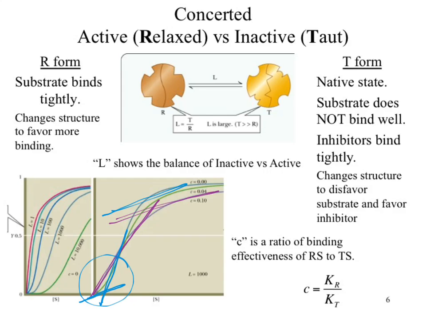Because if Kt goes to Kr, Kt gets really big. What ends up happening, where are we? We get closer to our 0 value, and we get that sigmoidal shape. Okay? Meaning that as we bind substrate, we start to change the overall substrate affinity. Okay? And we start to shift more into that R state.